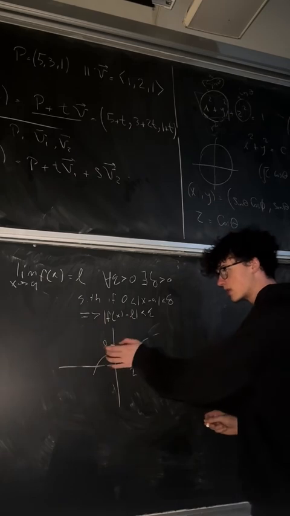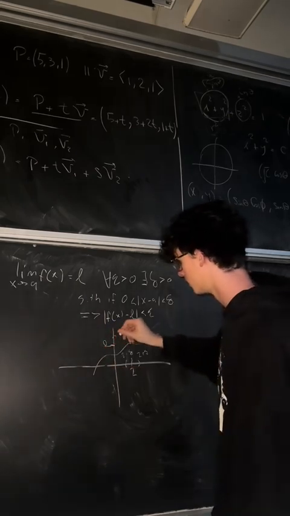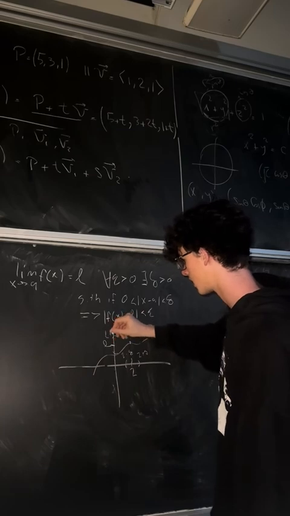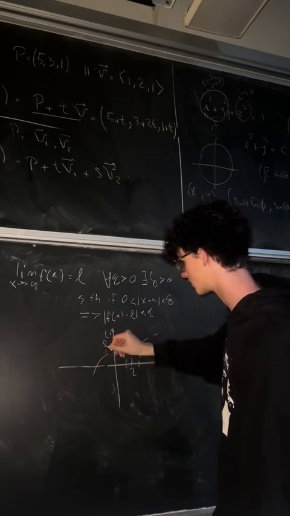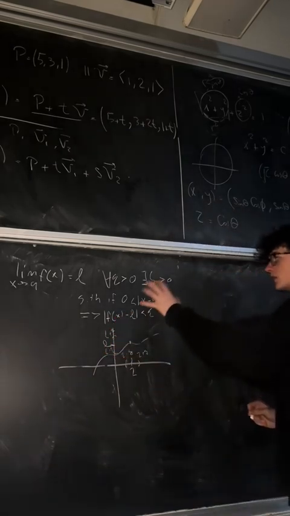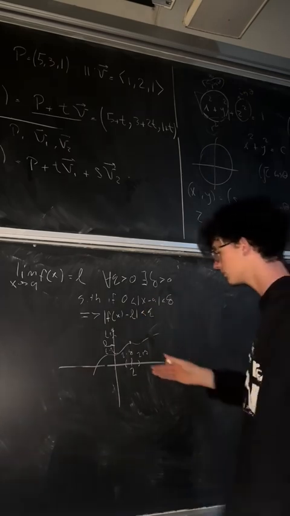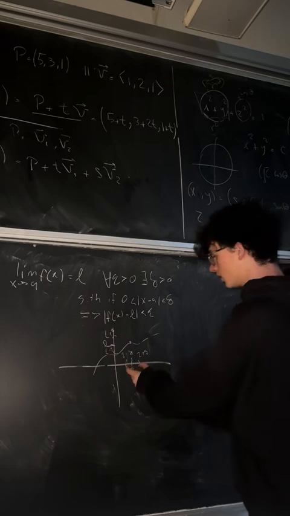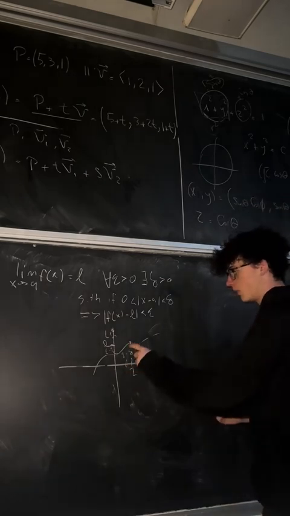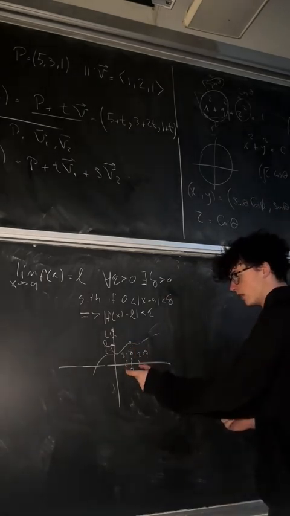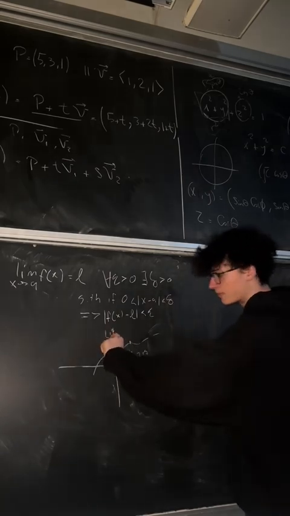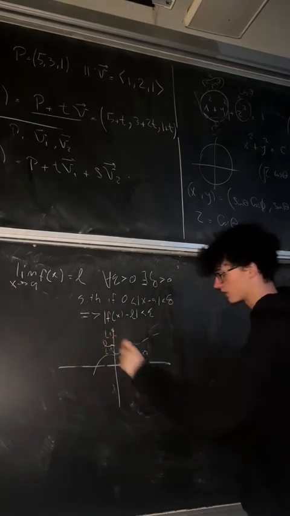And then epsilon is the same, but just for the y-axis, okay? So we have L plus epsilon and L minus epsilon. So pretty much what this is saying, graphically, is if we constrict our point here to some delta neighborhood on the x-axis, our output is restricted by some epsilon neighborhood on the y-axis.